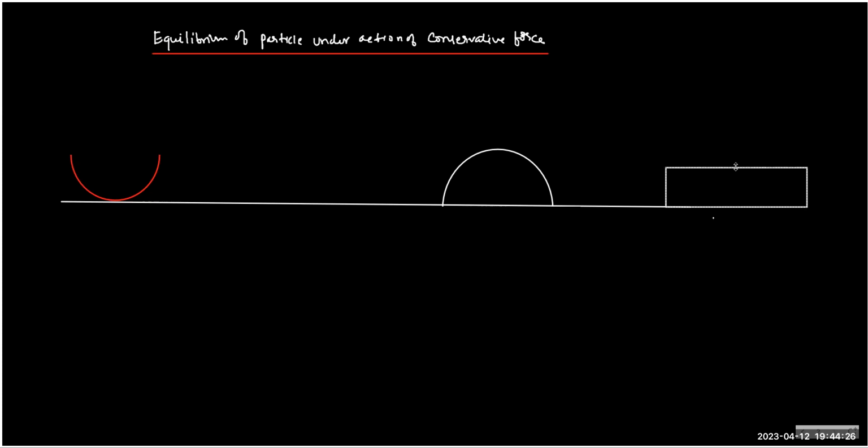I can just make it one size. And now imagine we have a ball, and the ball is kept at the point where it is at rest. So this is called the point of equilibrium. If I keep it here, will it be at rest? Is it possible? No, sir.